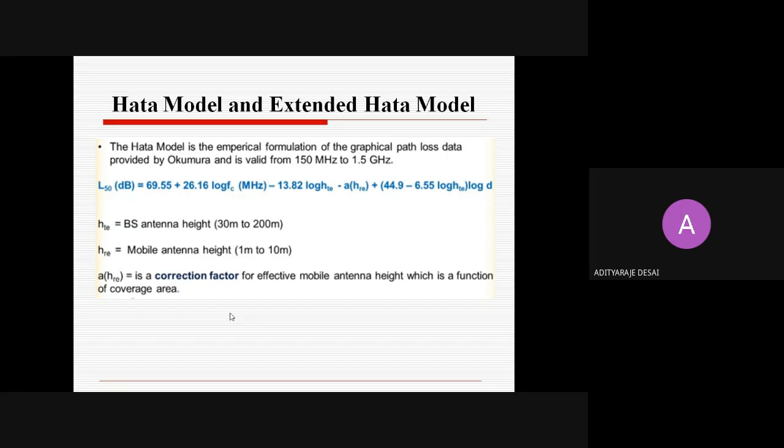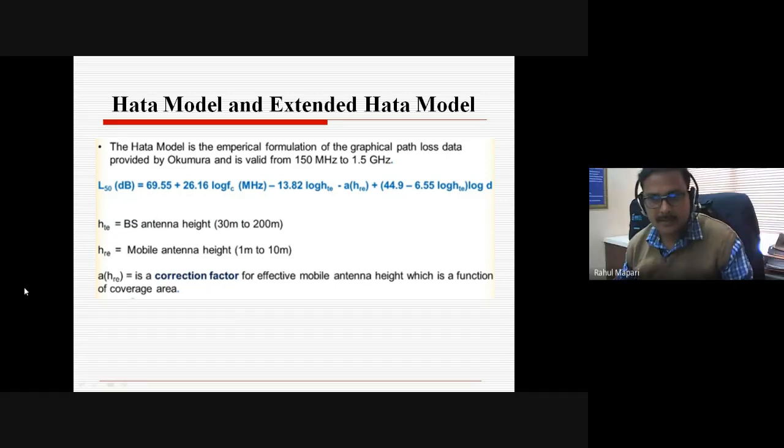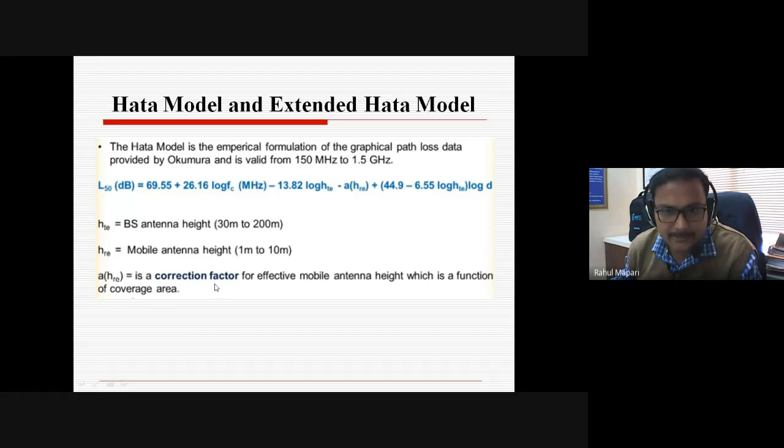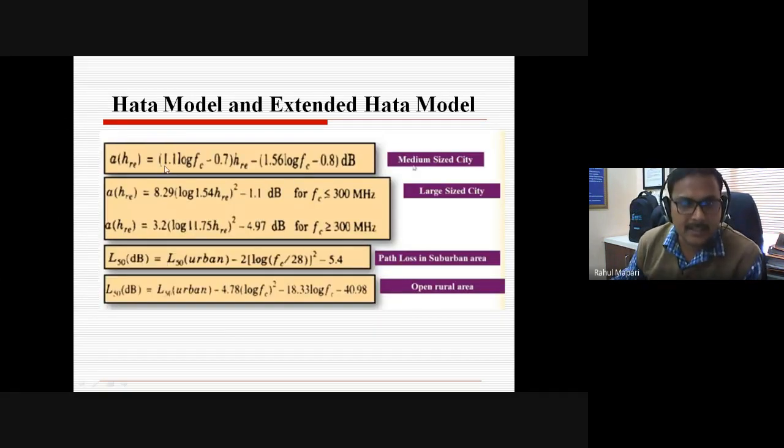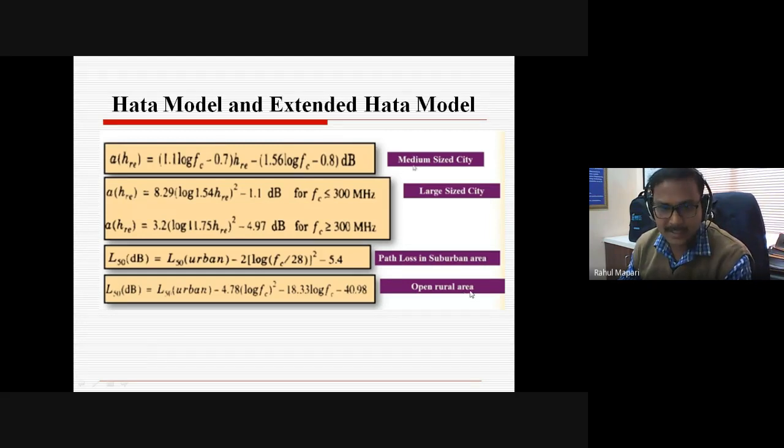Okay. Then here AHRE is the correction factor for effective mobile antenna height, which is a function of coverage area. So A is for the area actually. Here again the area depends upon the size: medium size city, large size city, path loss in suburban area and open rural area.